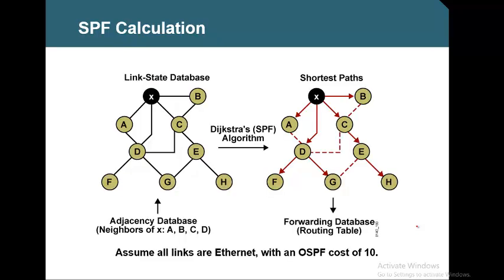Now this is a kind of flowchart that explains the path selection. Assuming each link is of same cost 10.